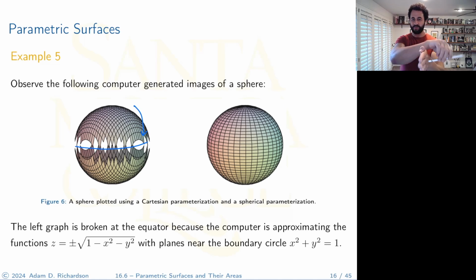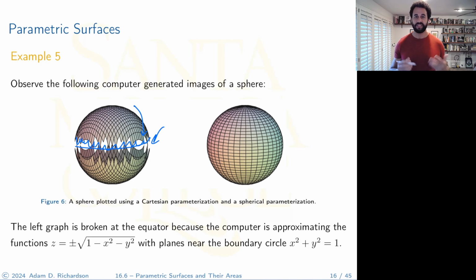So the normal vector is pointing out right this way. So we are asking the computer to approximate with planes that are getting more and more vertical as you approach this boundary circle. And it can't do it. It's only approximating, right? So the closer you get to this circle, the more garbage you get going on right at the equator right there.